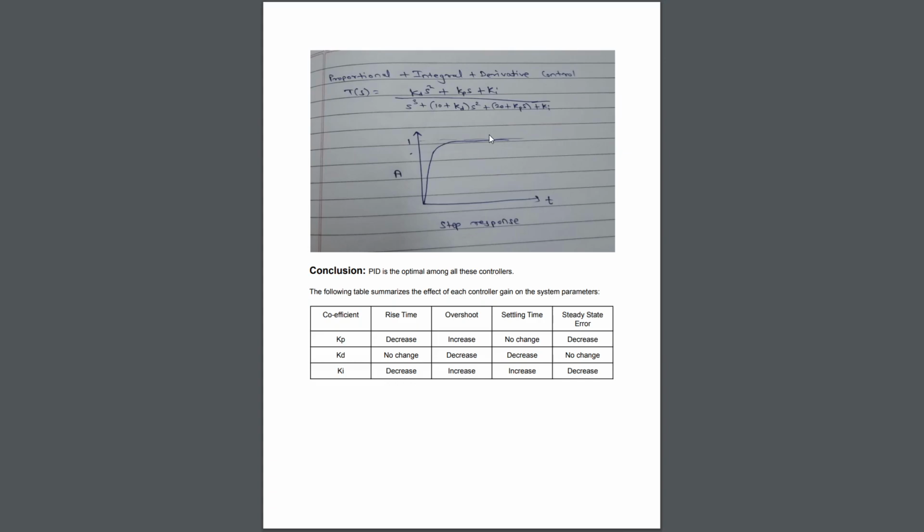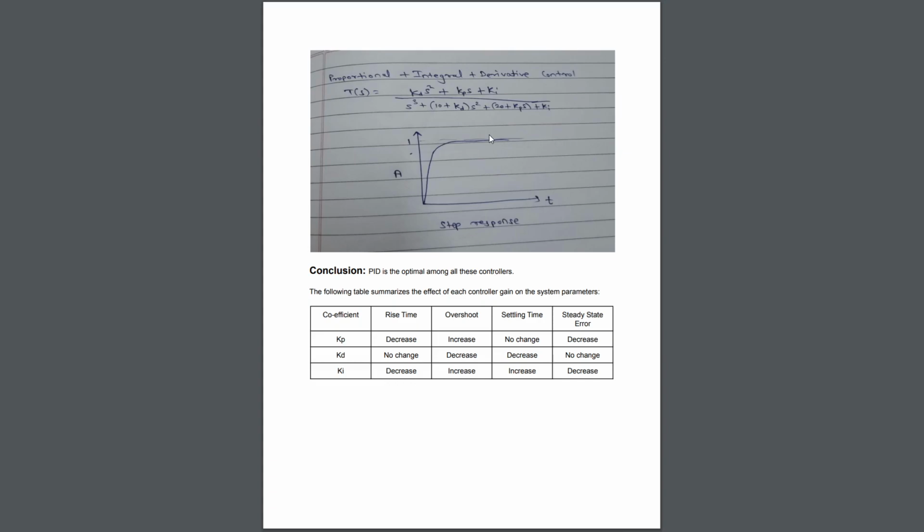For instance, we have to control the altitude, the position, the velocity, and each of these parameters is modeled using different sets of equations. In case of a drone, we have to use different sets of kinematical equations to model the behavior of the system, whereas in this particular case we just had one single equation governing the system. So in this particular case, PID is found to be the most optimized approach, but this might not be the case in the rest of the systems.